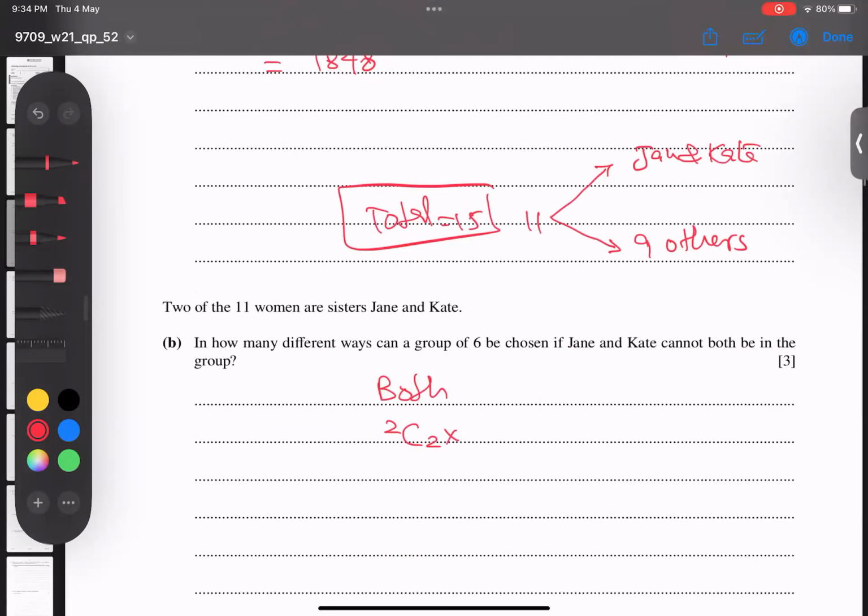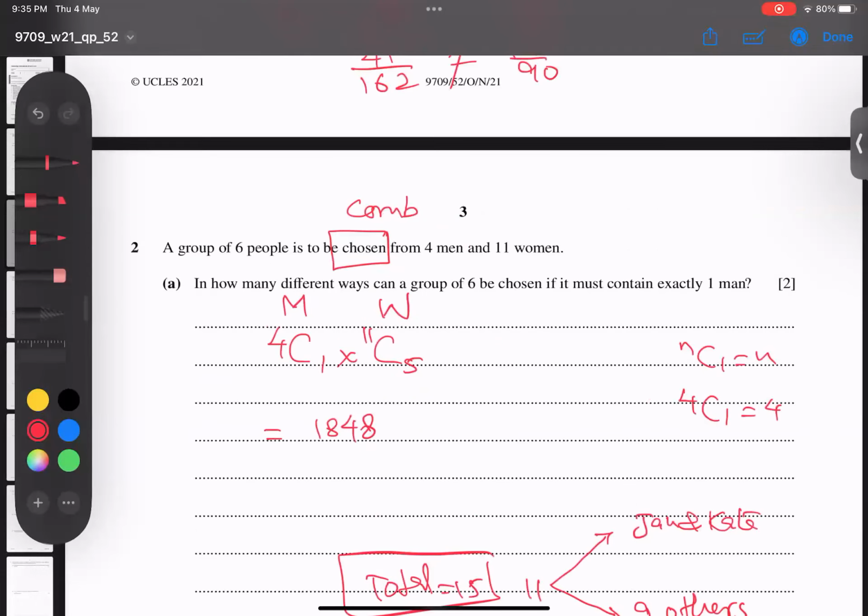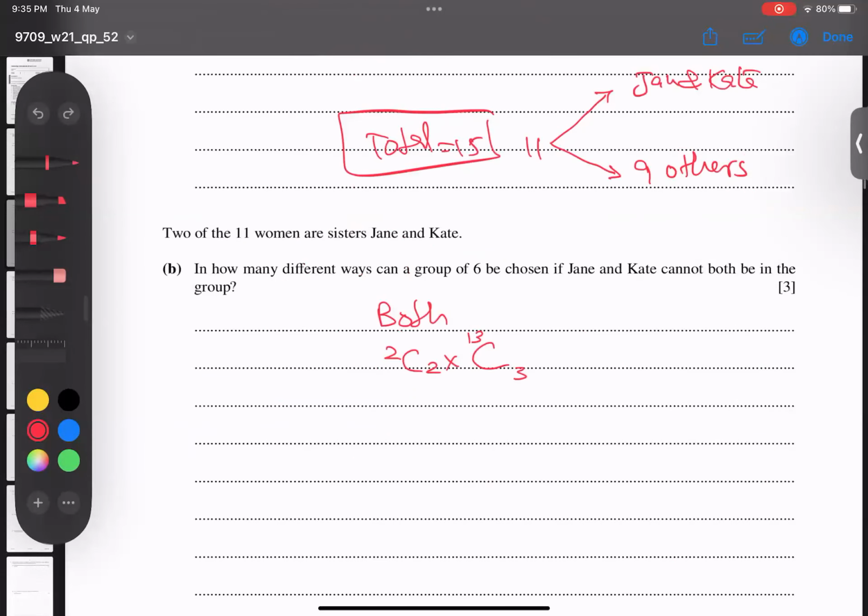So from 15, two already selected, and from 13, I need three people. Very simple logic, because total six. Sorry, not three, four. We're going to add six. Those two ladies are sure, and from the other people I need four, to make it six. And this is the answer when they must be there together.